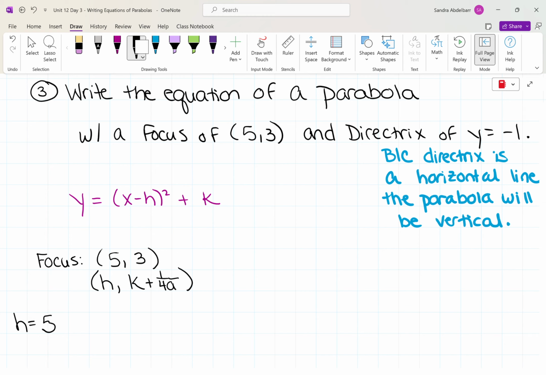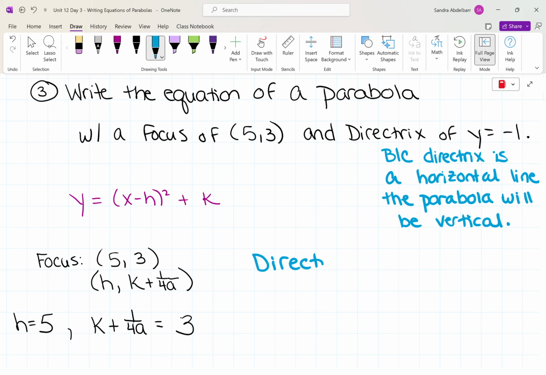So what do we know? I know that h has to equal 5. Do we agree with that? h must equal 5. We also know that k plus 1 over 4a must equal 3. At least I have the h, right? I still don't have a k, I still don't have an a.